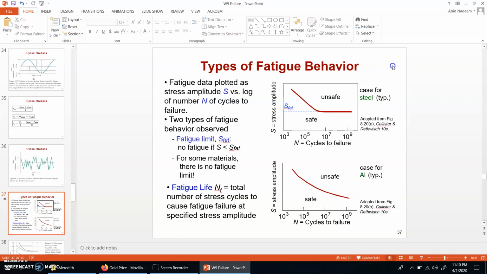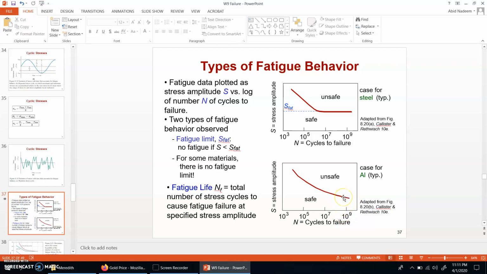And for the second kind of material, there is a continuous decrease in the stress until certain practical values. In this case you can see that although there is a decrease in the stress, there will be a number of cycles at which there will be a failure.